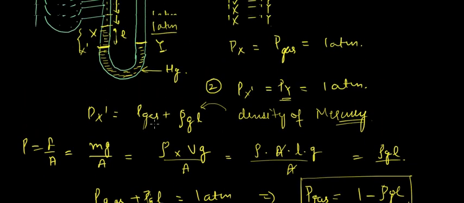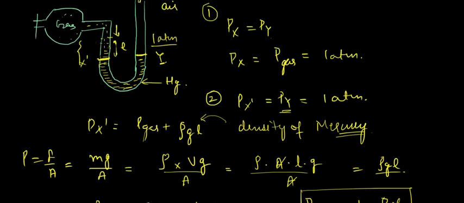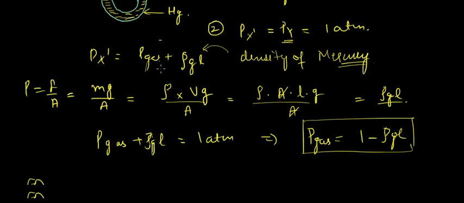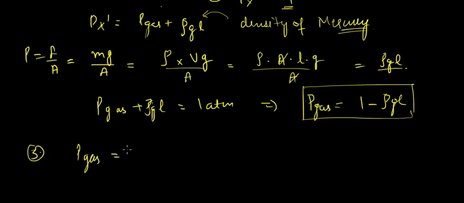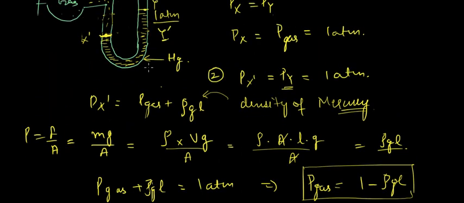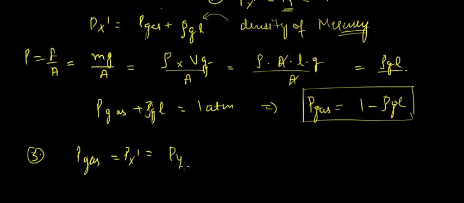We can have one more case, in which x is not rising. In fact, y is getting raised up till here. So this becomes y dash and y point is here. In this case, what can we say about the pressure of gas? The pressure of gas would be the pressure at point x dash, and the pressure at point x dash would be the pressure at point y dash, because they both belong to the same height.